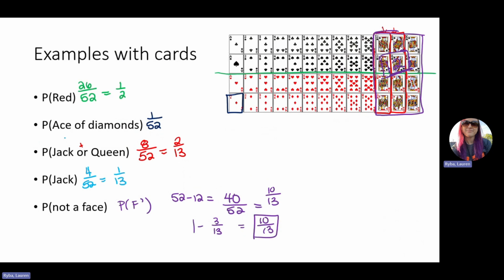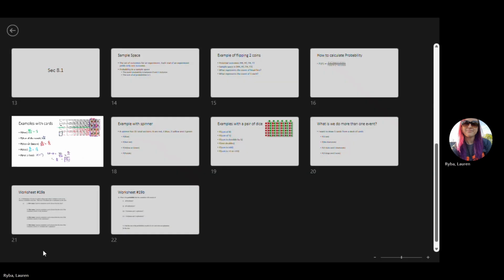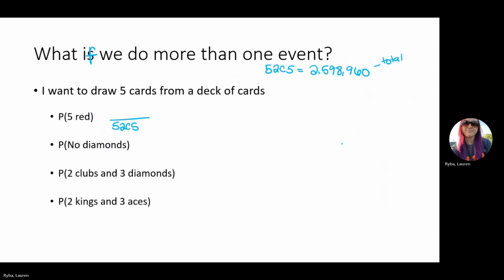There were 26 red cards. So I have 26 red cards. How many of those am I choosing? 5, because I want 5 red. So I want to take 26, choose 5, and then divide that by that 52, choose 5, or that 2.5 million value that I have over here.